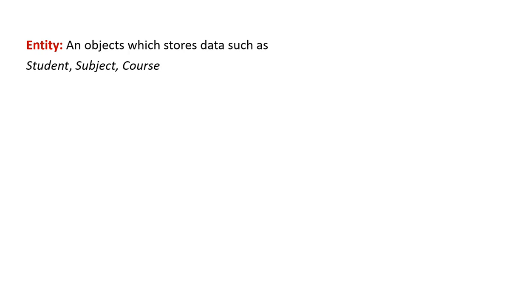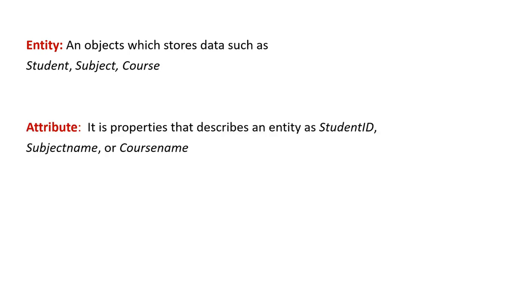So let's first discuss what is entity. An entity is an object which stores data, which has some meaning, which has some real world data. For example, subject, student, course. So it has some meaning and it stores data. And next is attribute.